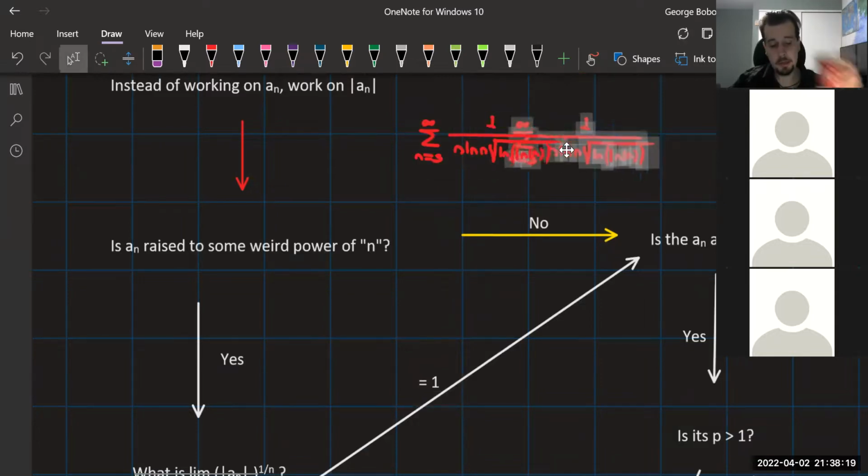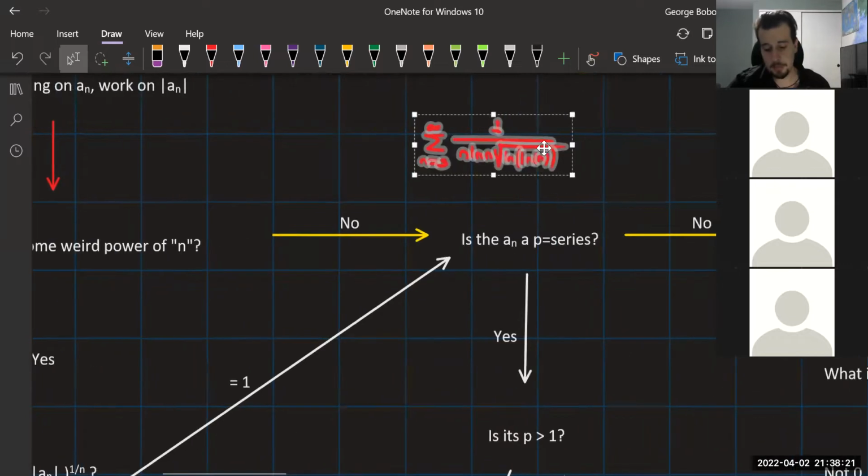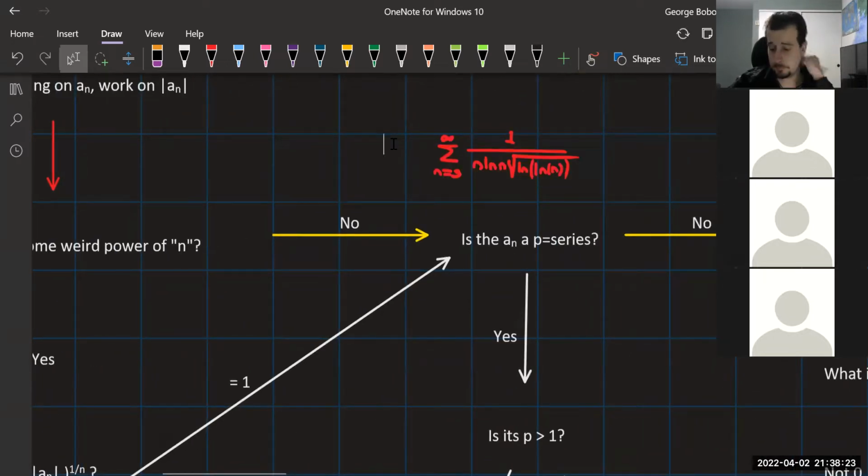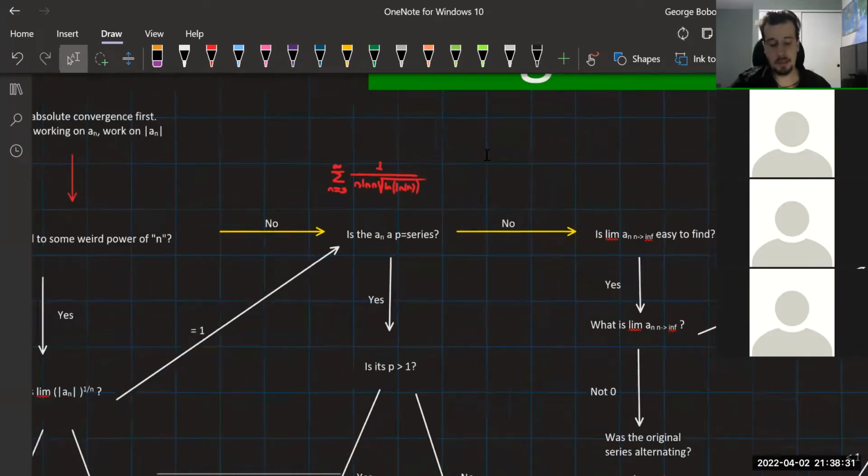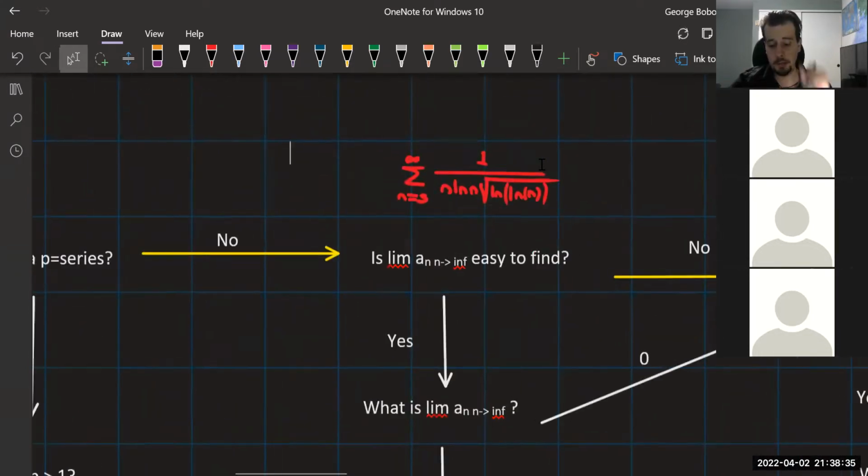No. Okay, is this a P series? No. Okay. Is the limit as n goes to infinity easy to find? Careful what you answer here. Yes or no? Is this limit easy or not?